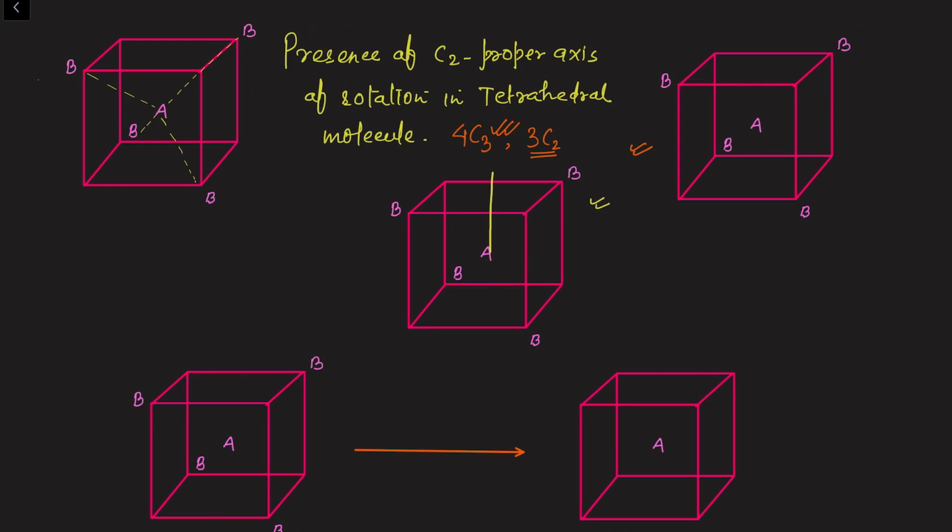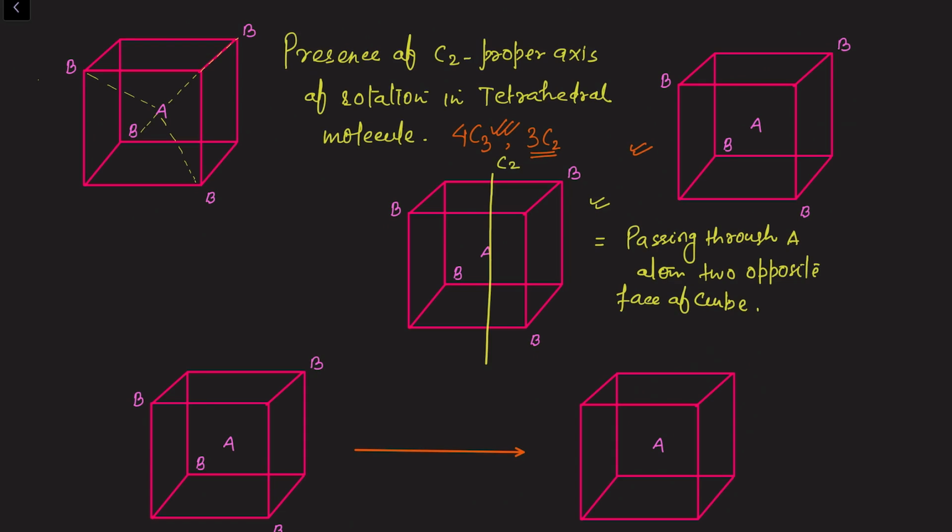This is your first C2, and this C2 is passing through the A atom and two opposite faces of the cube. Now the second C2 is this one, which is again passing through A and two opposite faces of the cube. Now the third C2 is this one, right?